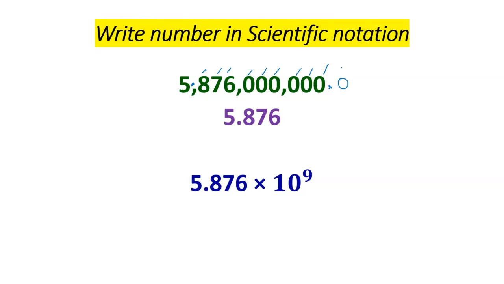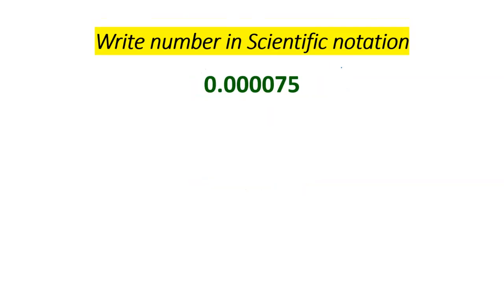Let's try another example. I have 0.000075. With this number, I'm trying to first get my a. So to get my a, the number between 1 and 10, my decimal will go right here, between 7 and 5. So my a is 7.5, which is a bigger number than the original number.